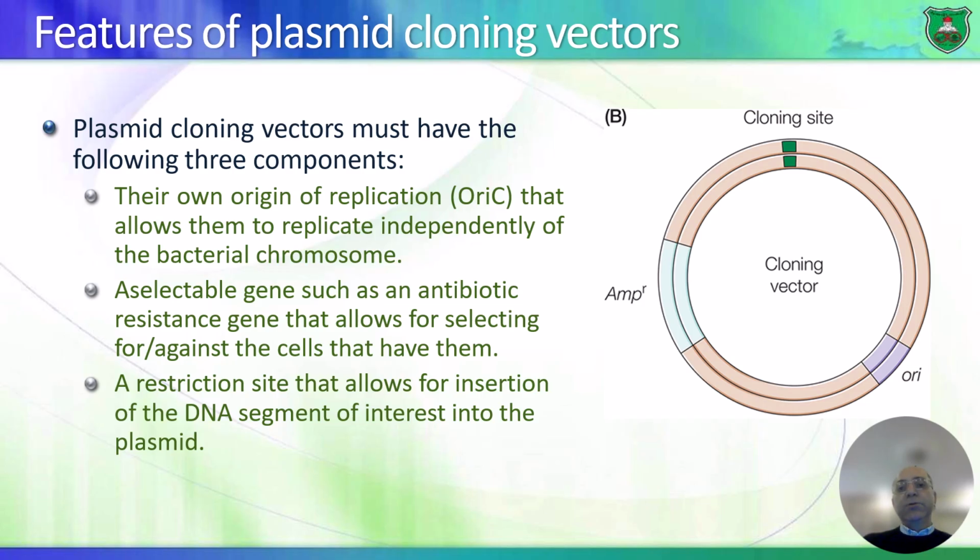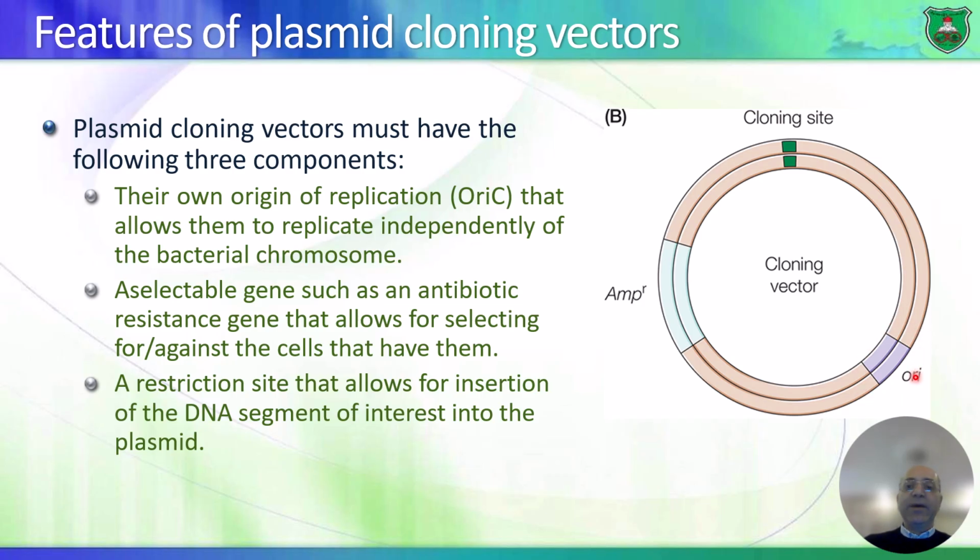In order to utilize plasmids as vectors, they have to have at least three features. One, they should have their own origin of replication. Remember that origin of replication is the starting point of DNA replication.